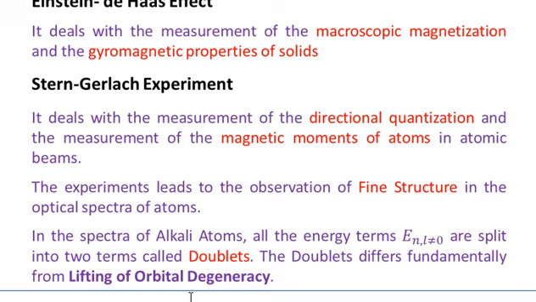So that's why we call it the lifting of orbital degeneracy. This is what we talked about in greater detail while discussing the alkali metal atoms.